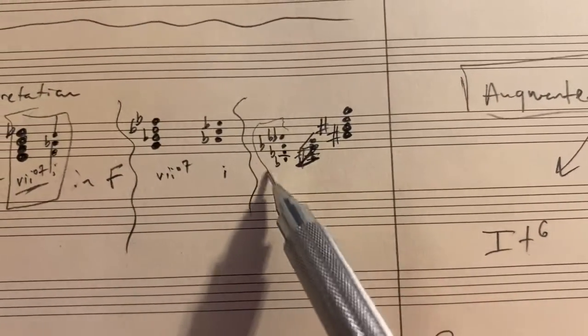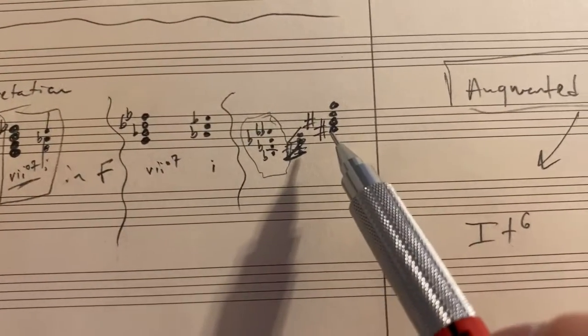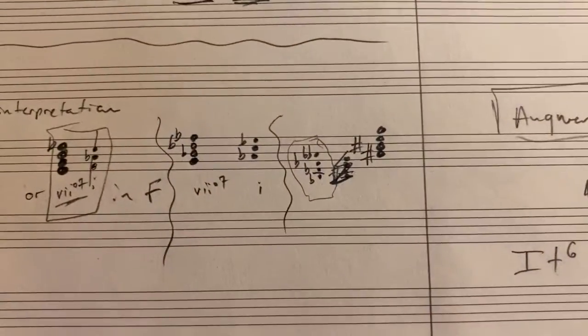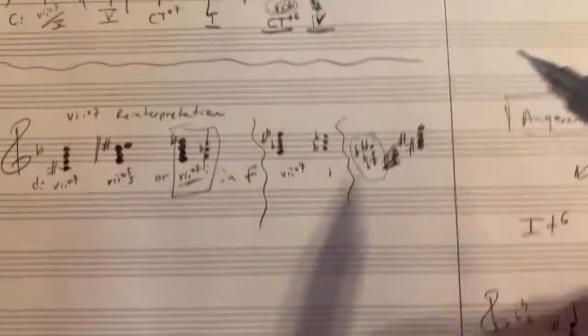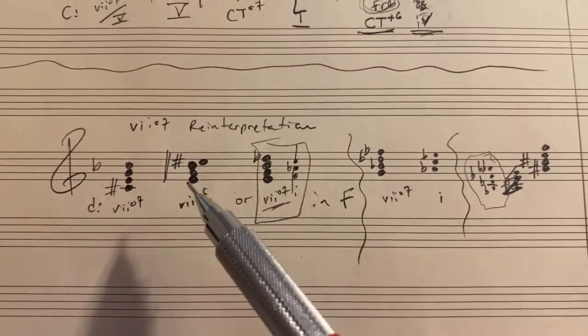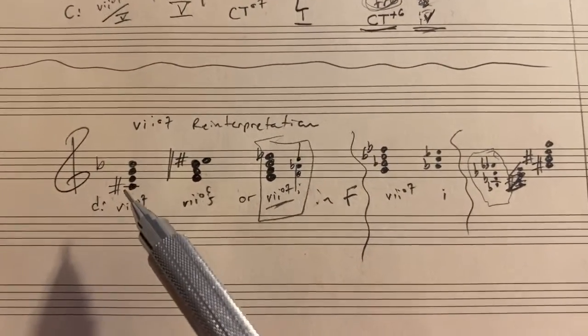This could be a 7 in the key of C flat or in the key of B, depending on how it's written. Right? So with fully diminished 7th chords, you can rotate the chord. You start with a C sharp fully diminished chord in D minor as a 7.